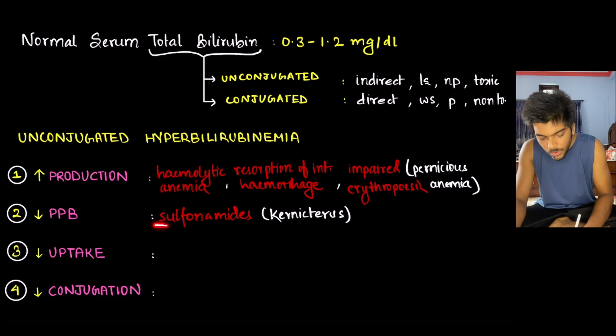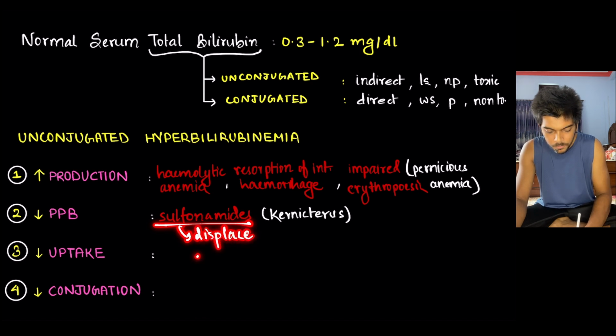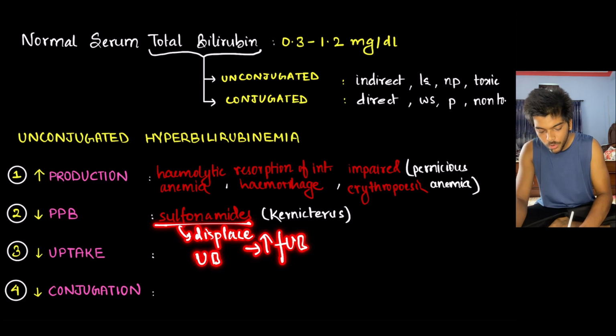Once more. What will sulfonamide do? It will displace unconjugated bilirubin. So now there is increase in the level of free unconjugated bilirubin. This will cross the poor blood-brain barrier present in the neonate.